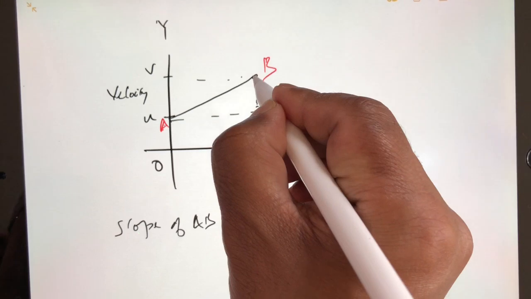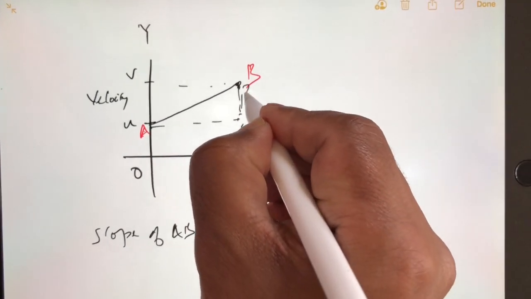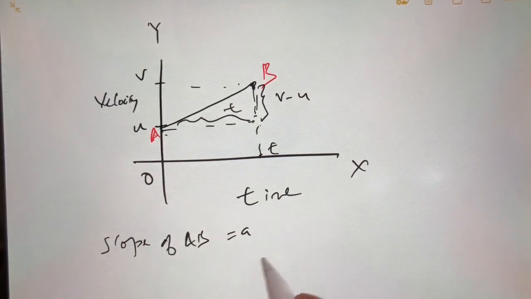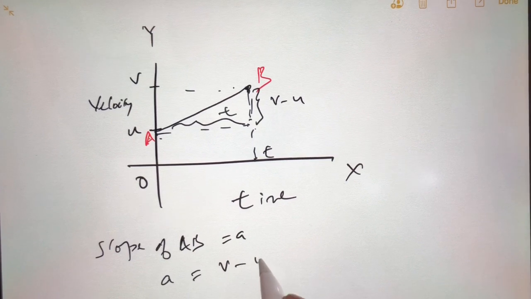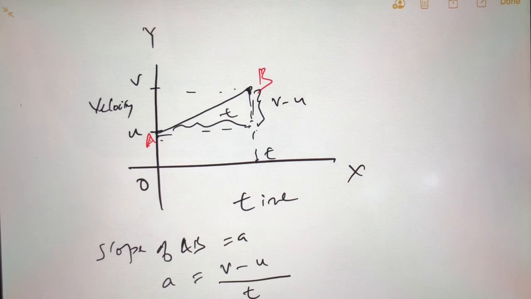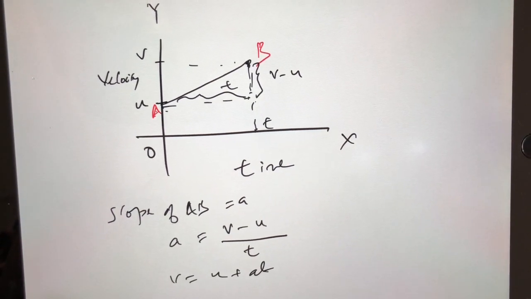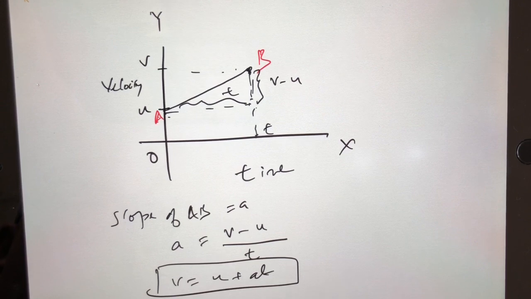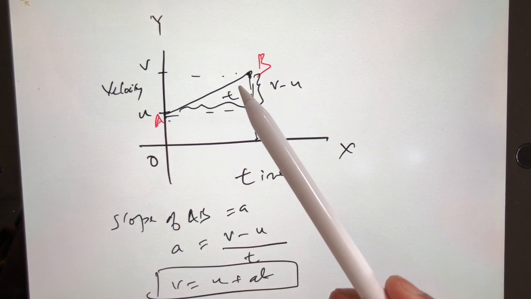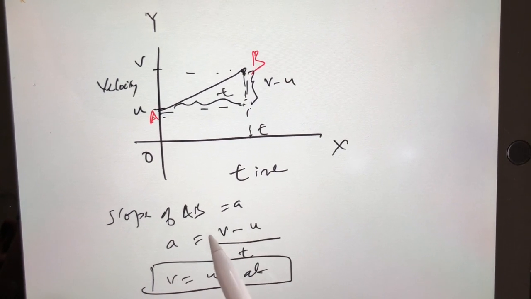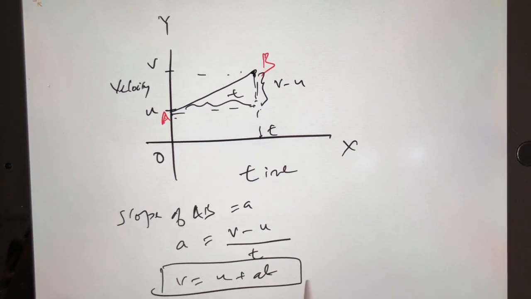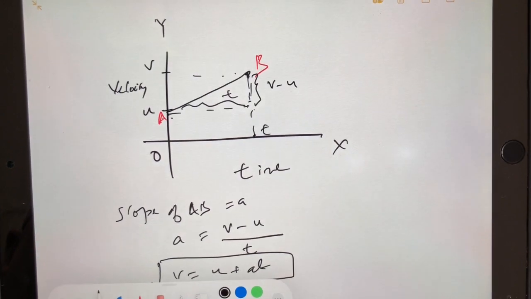From here to here is V, and from here to here is U. Therefore this one is V minus U, and from here to here is T. So your acceleration is the vertical height divided by the horizontal distance, so V equal to U plus AT. This is our first equation of motion that we derived by taking into account the slope of this graph AB.